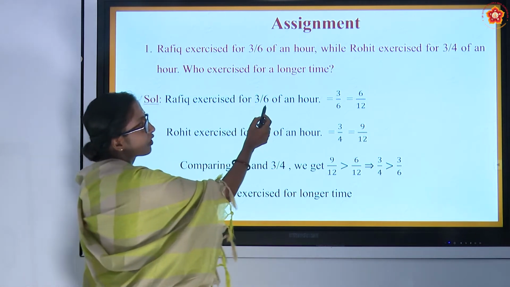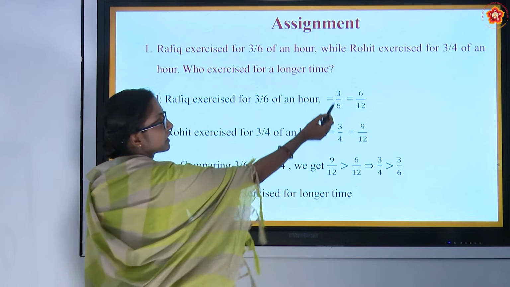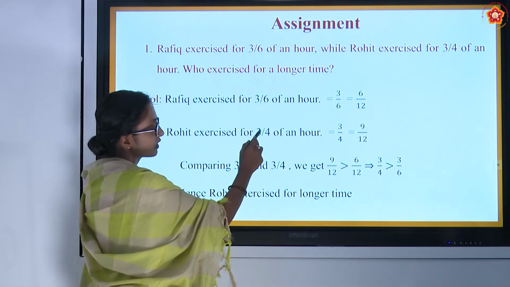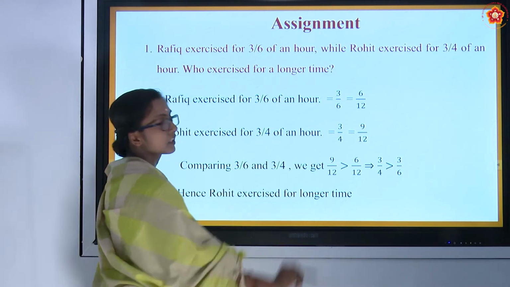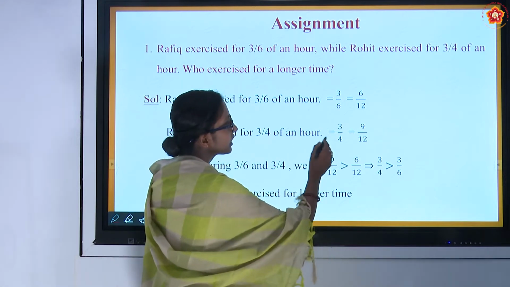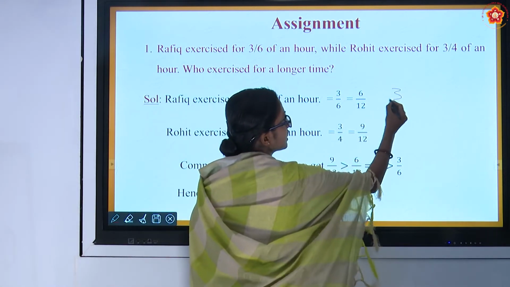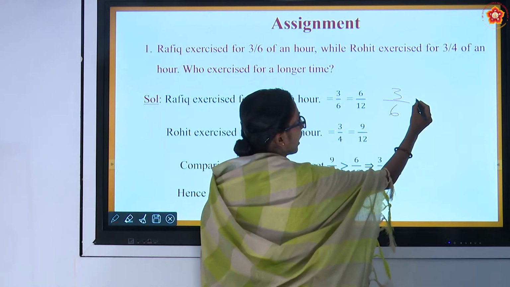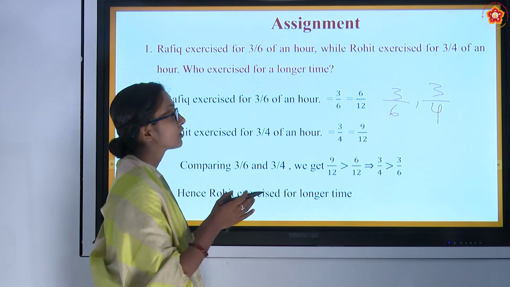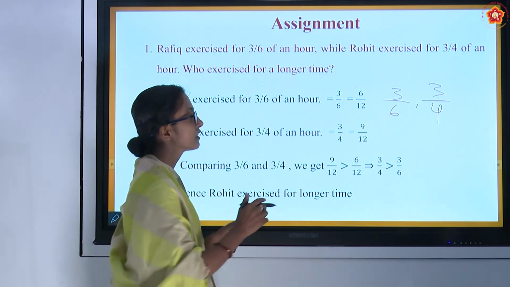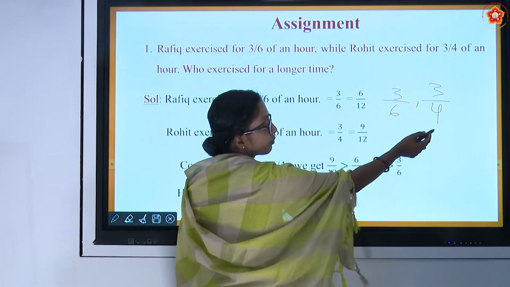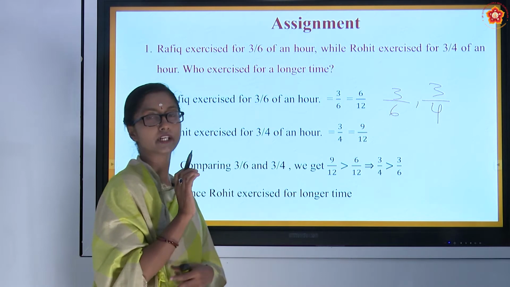Rafiq exercised for 3 by 6 of an hour, and Rohit exercised for 3 by 4 of an hour. Before comparing, if we want to compare two fractions, we need to make sure both fractions have the same denominator.